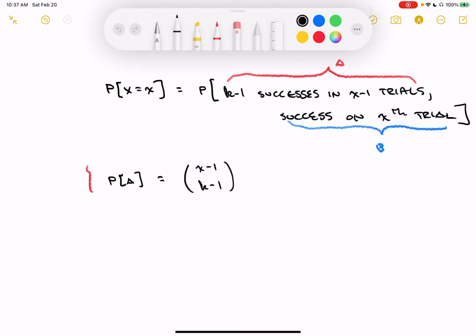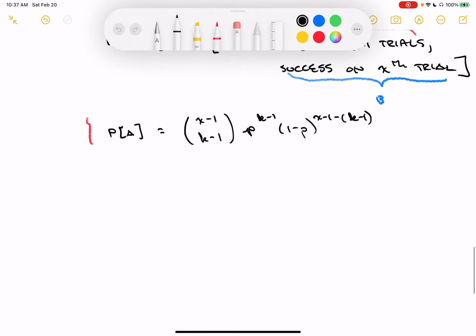So number of trials, x minus 1, number of successes, k minus 1. And then I'm going to have p to the what? Well, how many successes? There were k minus 1. And then we have the failures, that's probability 1 minus p. And how many of those were there? There was x minus 1 minus the k minus 1, which we can clean up a little because the 1's cancel. You'll just get an x minus k.